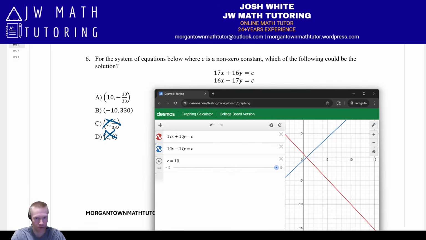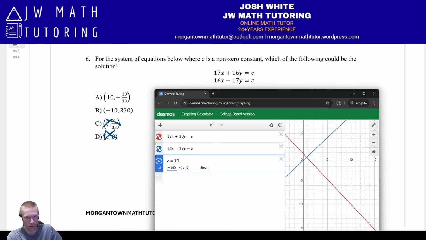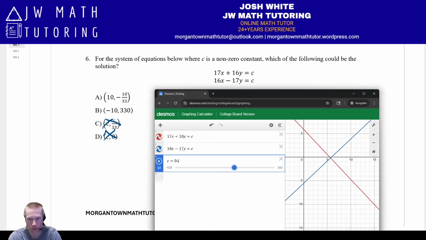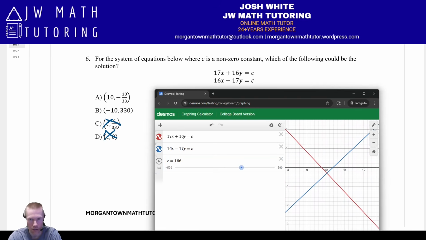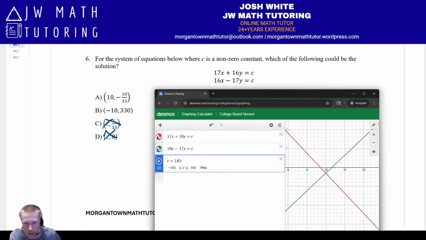We have 1 positive 10, 1 negative 10. So what I'm going to have to do here is increase the value of C to large enough that I can slide it over to where my X value is right around positive 10. So like, looks like right here maybe, right?